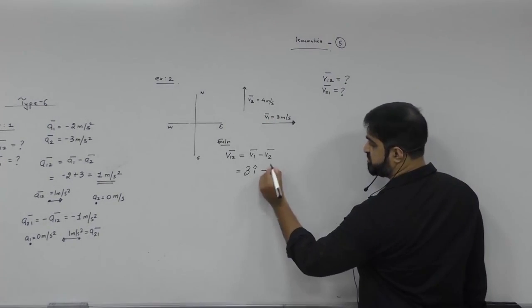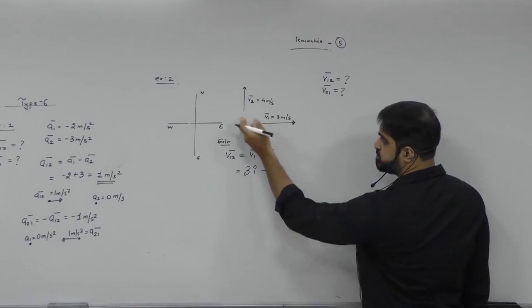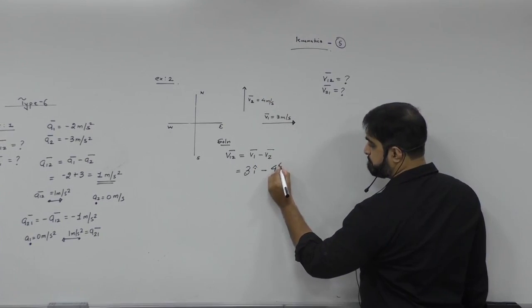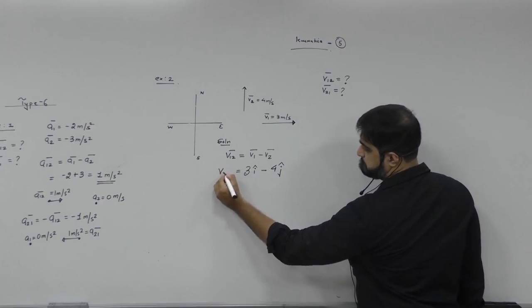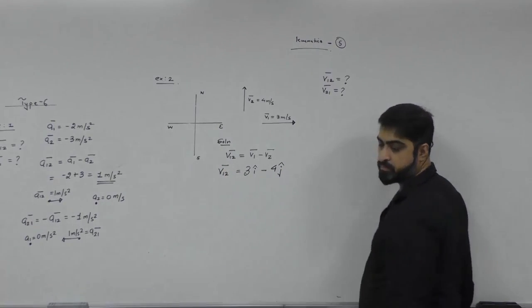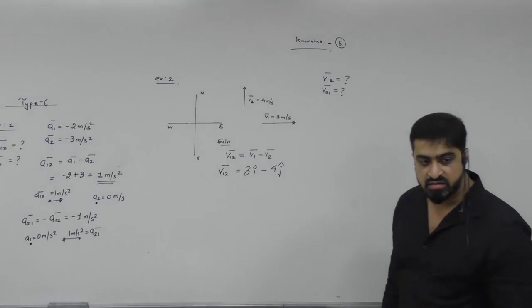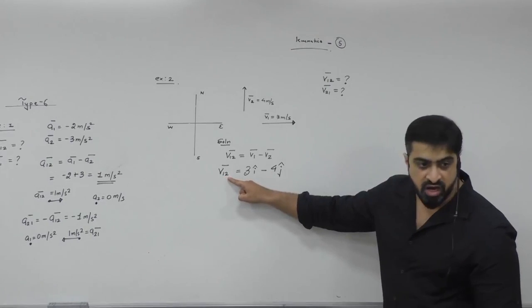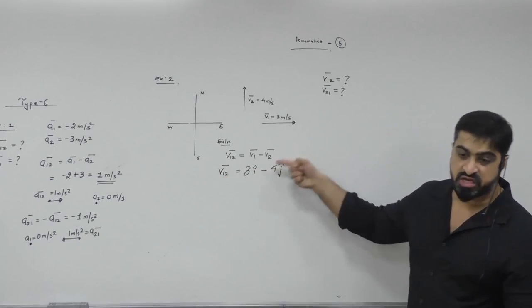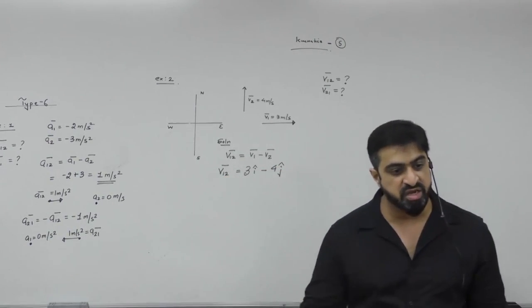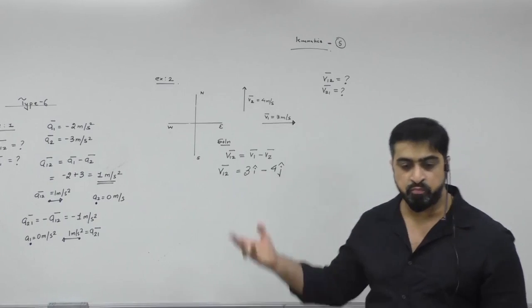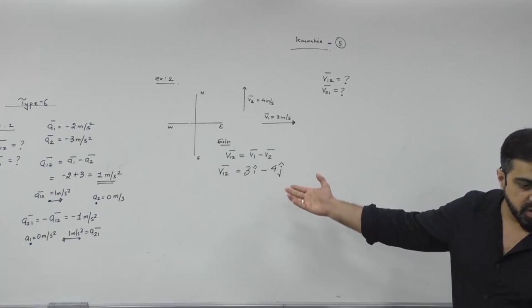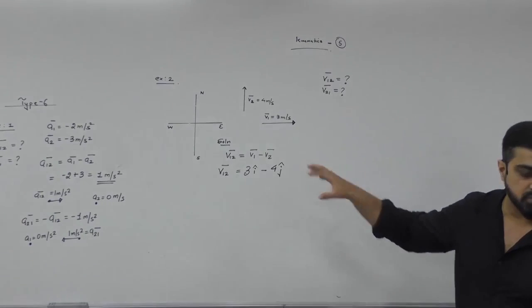Minus V2 is 4, but along this way it is J cap. So they are telling you that V12 bar is 3 I cap minus 4 J cap. Now I have to plot this in the parallelogram law. Pay attention how to do it.